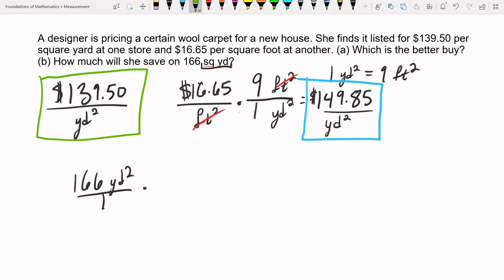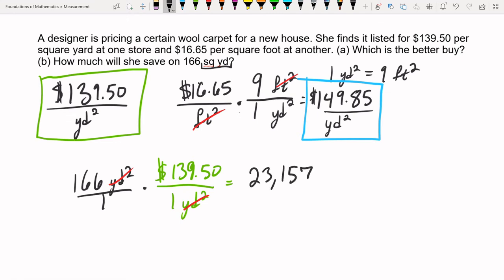So for the green, yards are going to be on bottom, 1 yard squared, and dollars are going to be on top, 139.50. You see that the yard squareds cancel. And doing multiplication, we get 166 times 139.5. It gives us $23,157.